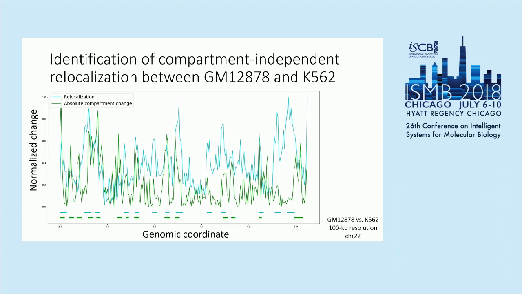So I did peak calling for each of these signals, and you'll see that many of the relocalizations correspond to compartment changes, as I showed before, but I wanted to focus on the relocalizations that were occurring independent of compartment changes. And then further, I focused on changes that occur within the A compartment because that's the active compartment.